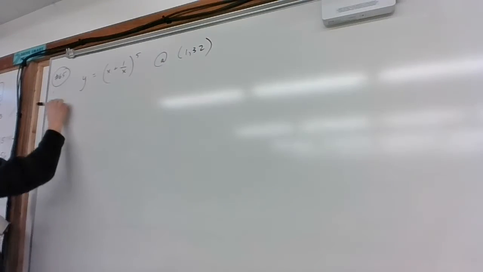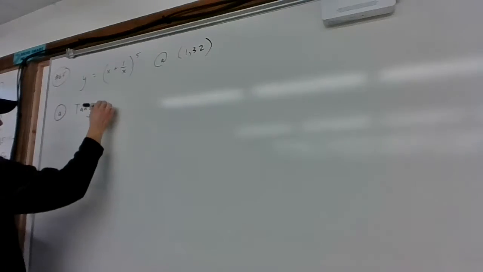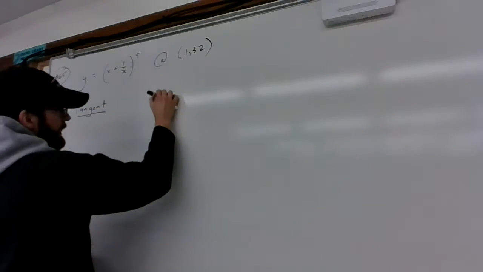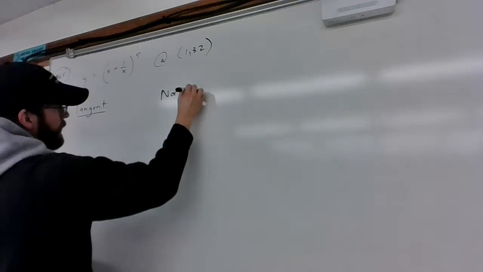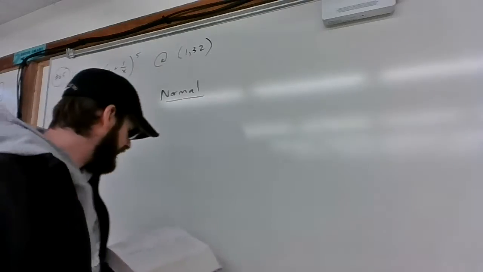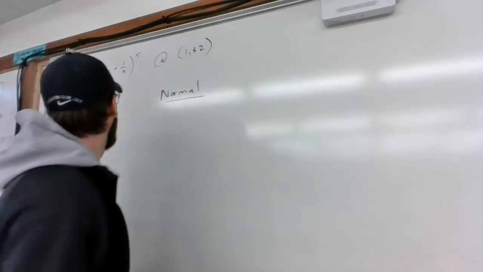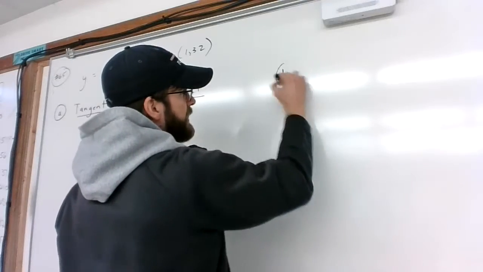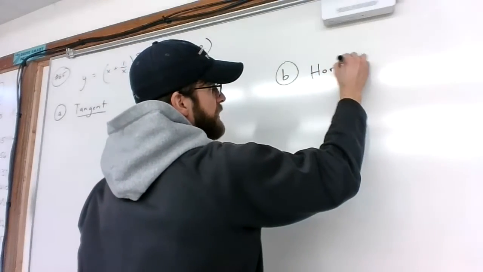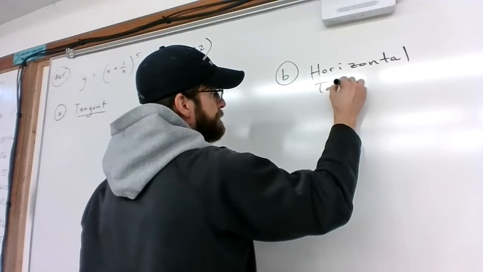For part A, they want a tangent line equation, which we've seen before. They want a normal line equation. We've also seen that before. And then in part B, we want to find the place where the tangent line is horizontal. I'll just put it over here. B, horizontal tangent line.